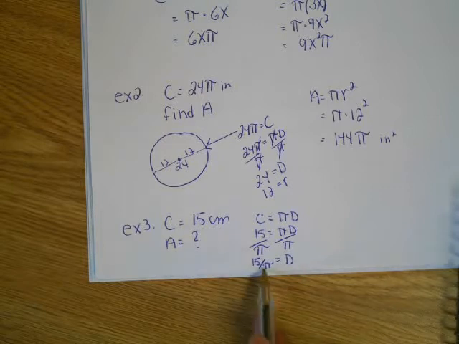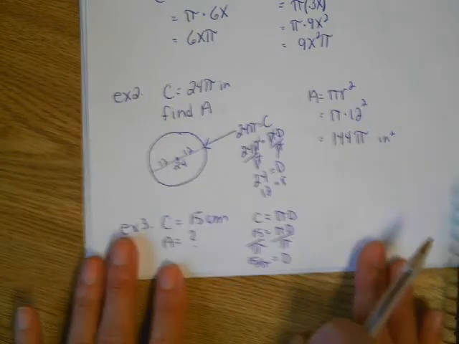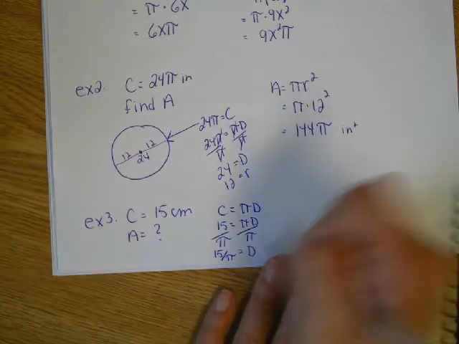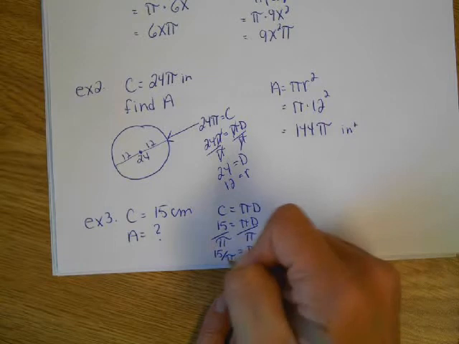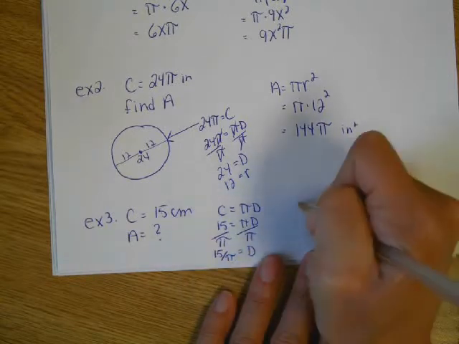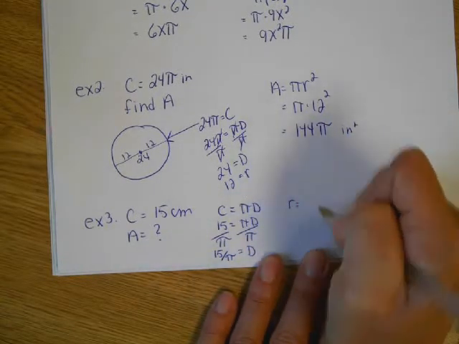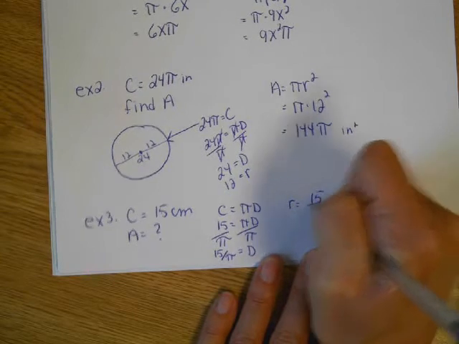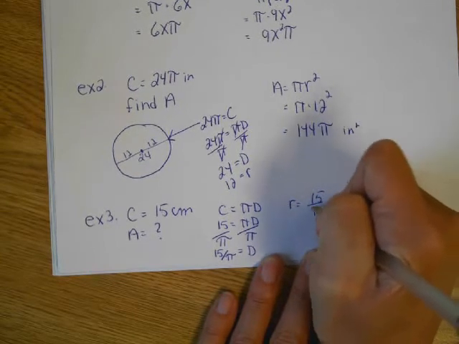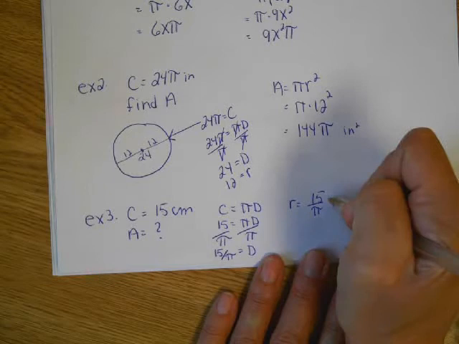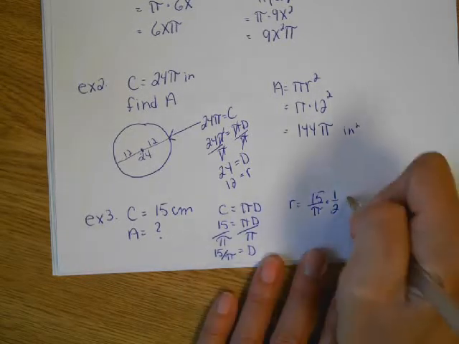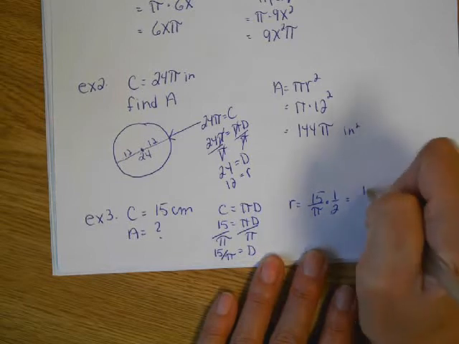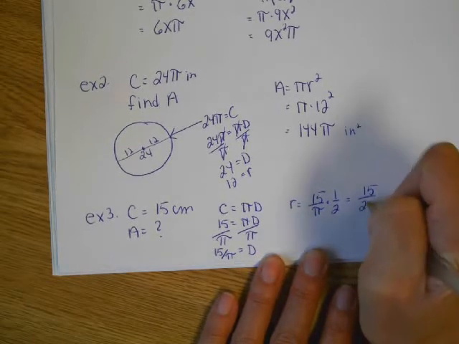So I have to cut this in half. So cutting that in half means I'm going to times it by a half. That'll be the easiest thing to do when there's a fraction there. So the radius will equal the diameter, which is 15 over pi, multiplied by a half. So I will get a radius of 15 over 2 pi.